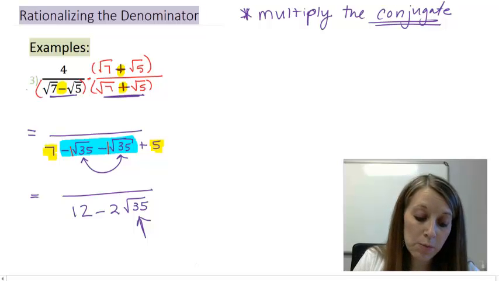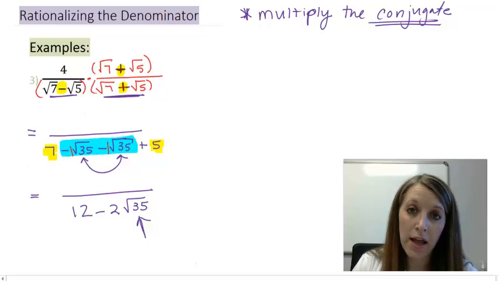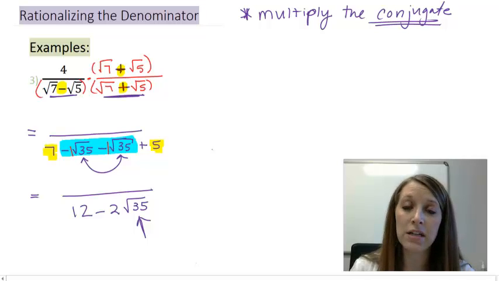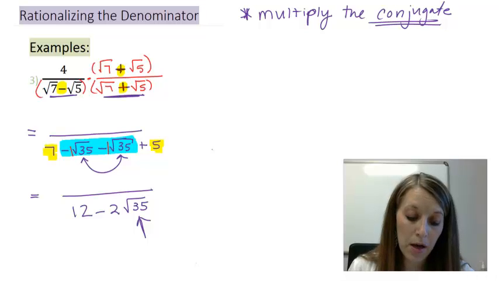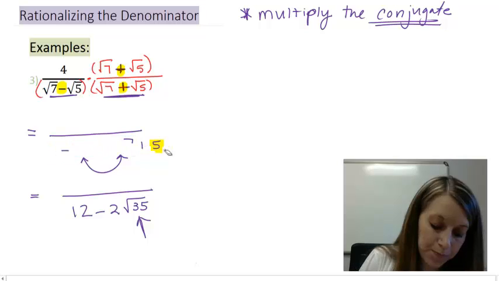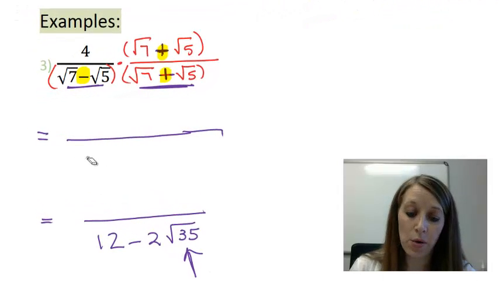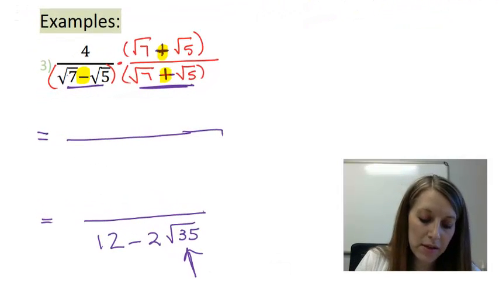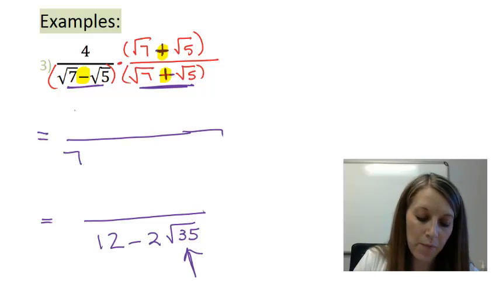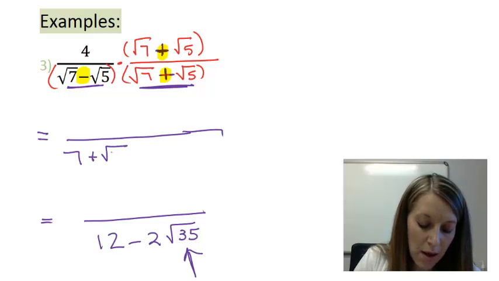So let's redo this multiplication in the denominator, and let's show how that does in fact eliminate all of the roots in the denominator. So let's start this FOIL process over. First, root 7 times root 7 gives me 7 on the inside because the roots cancel out. Outside, root 7 times positive root 5 gives me a positive root 35.